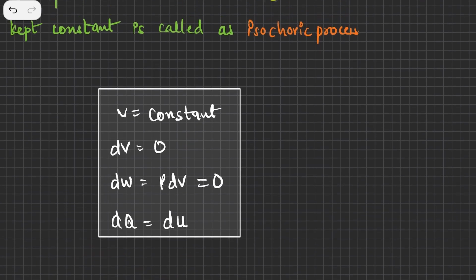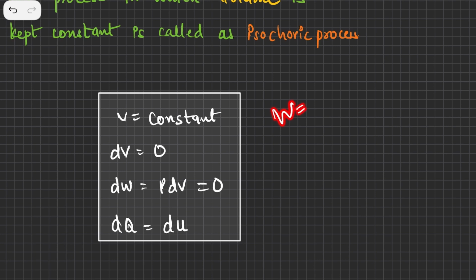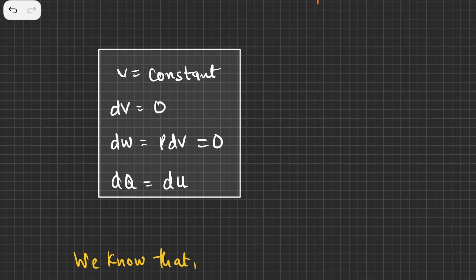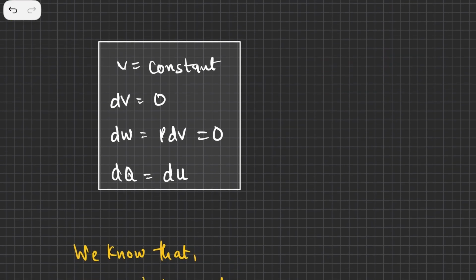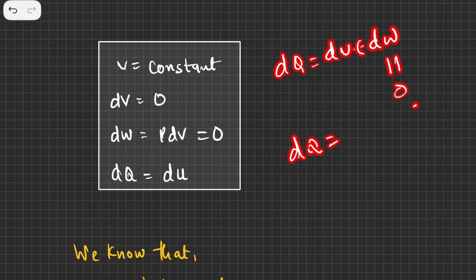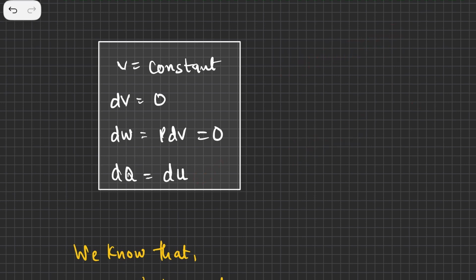So basically I can say the work done in an isochoric process is 0. Then if we apply the first law of thermodynamics, dq is equal to du plus dw. Now if you know that dw is 0, you can easily say that dq is equal to du. So that's what I have written over here. These are the technicalities behind the isochoric process.